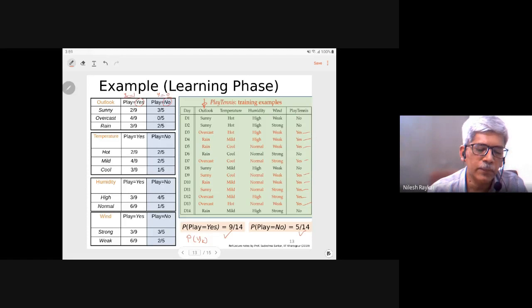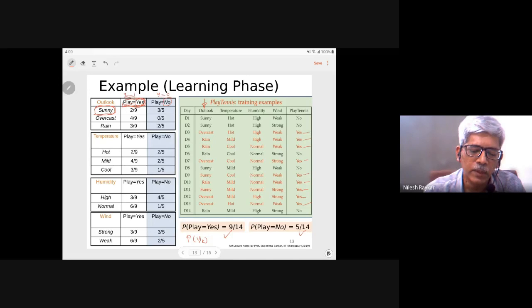So we are considering play equal to yes, and what is the probability that the day is sunny and you are playing tennis? This is similar to the third quiz we did. We have to see how many days you are playing tennis, and out of that, how many days the outlook is sunny.